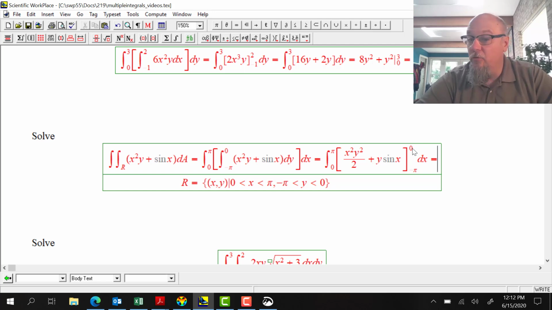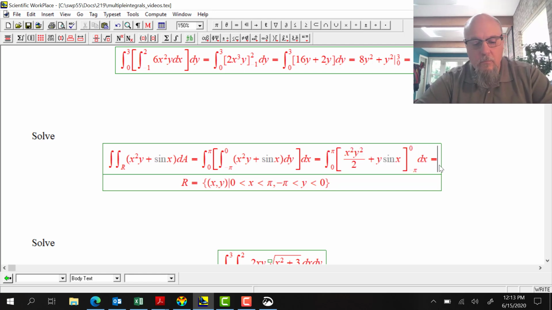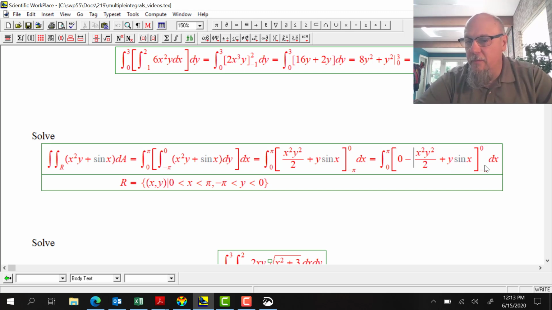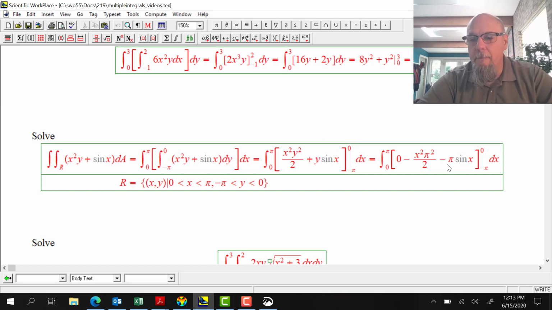So when I sub in 0 for y, I get 0. So this whole thing ends up being 0, minus, when I sub in minus pi, squared is just going to be pi squared, and that's minus pi. So it's minus a minus. So this will become a plus because I'm subtracting the whole thing.